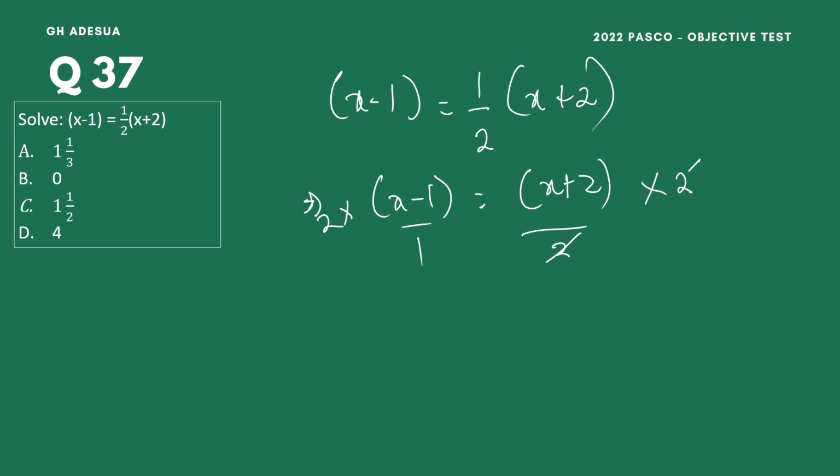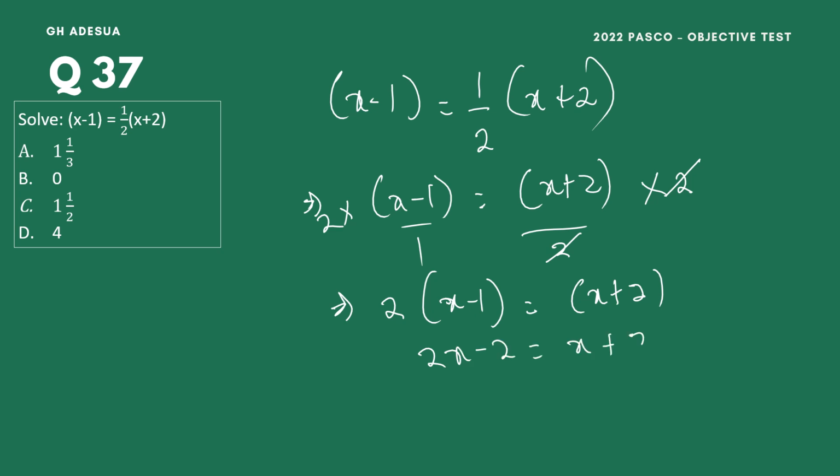So the 2 cancels the 2, and then we have 2 multiplied by the bracket x minus 1, equal to x plus 2. Open the bracket: 2x minus 2 equals x plus 2.